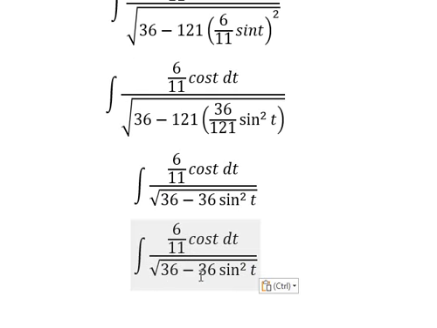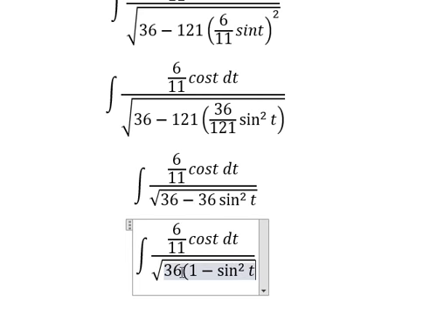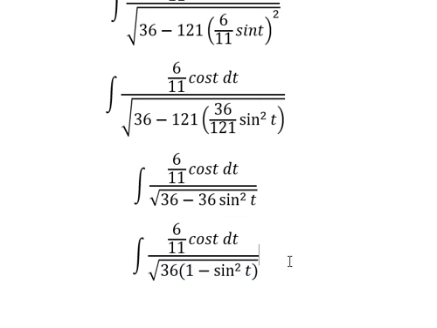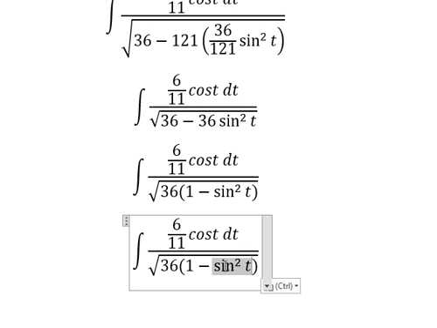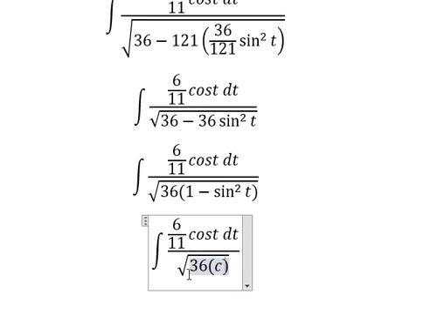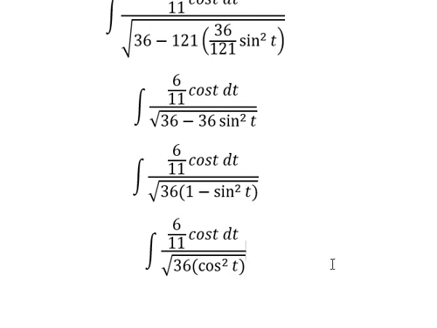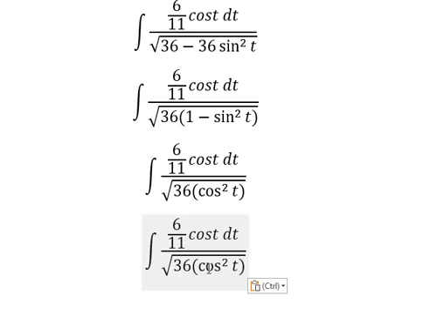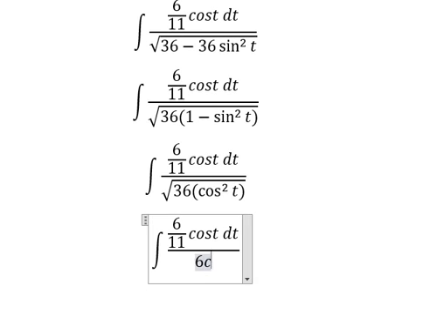So 36 we can do factorization. This one we change to cosine t squared. The square root of 36 cosine t squared, we have 6 cosine t.